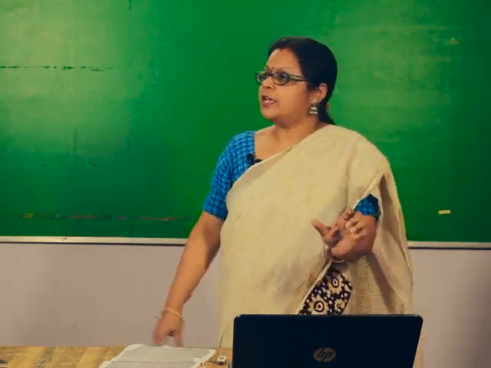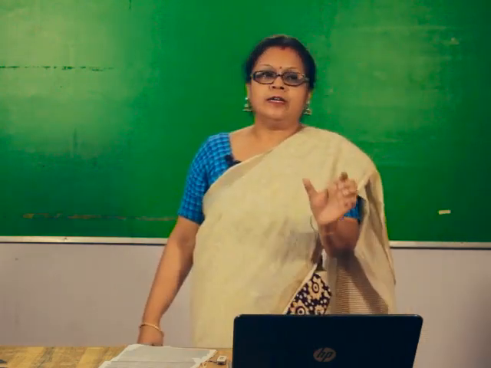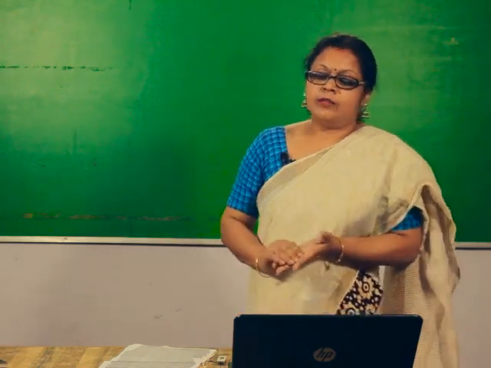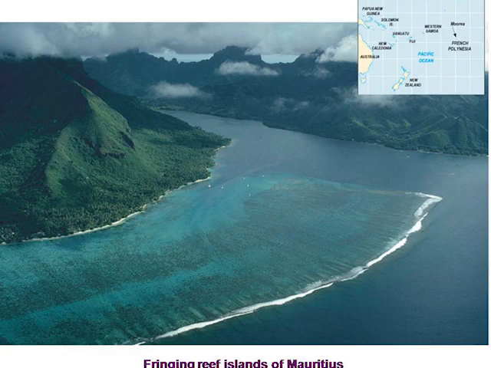Here, the inner reef and the reef crest are the cradle of the growth of coral reefs. Now this is a fantastic picture of a fringing reef example that is found in Mauritius.